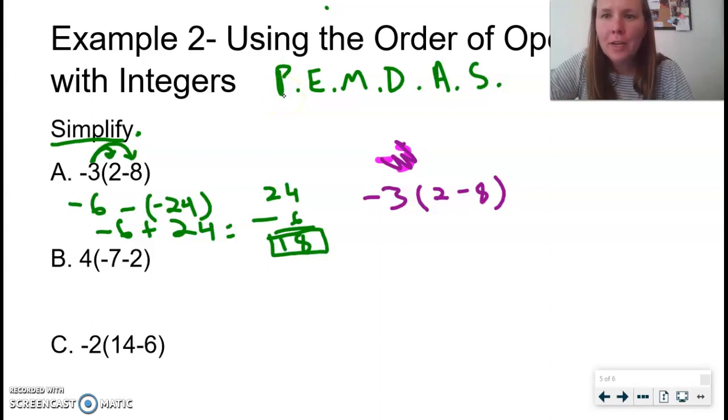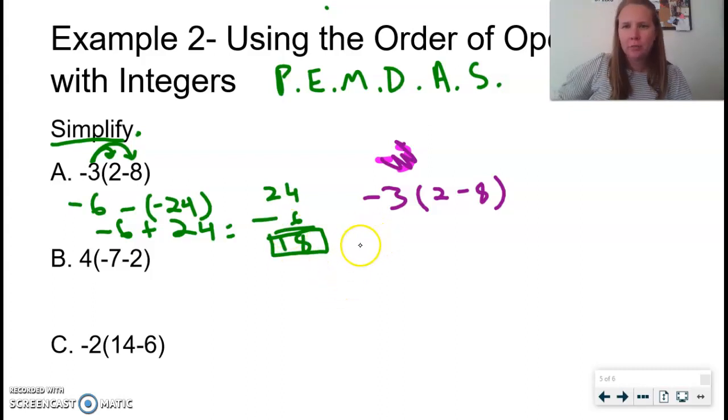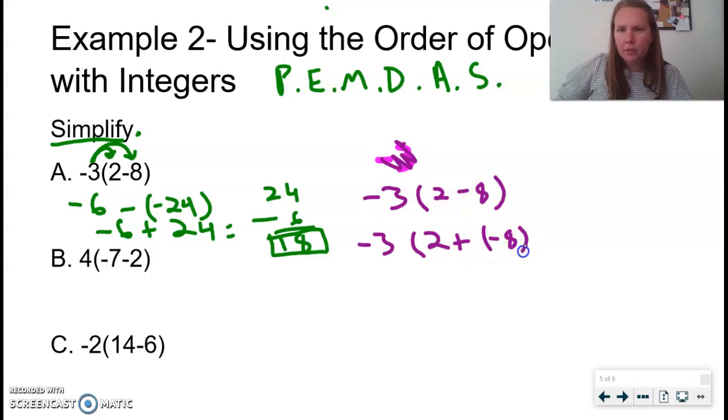The first thing you do is you solve out the parentheses. So I would first do what is 2 minus 8. Hey, we can't necessarily do that easily, so we switch it to an addition problem. So you can change it to 2 plus, remember we're changing this to an addition, the opposite of a +8, which is -8. And again, I just like to add parentheses around those negatives.